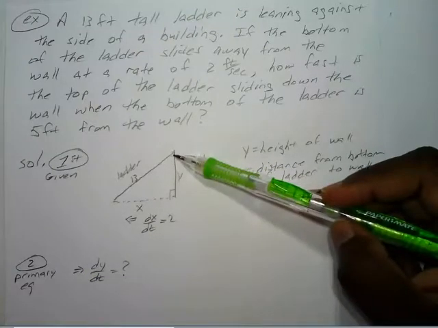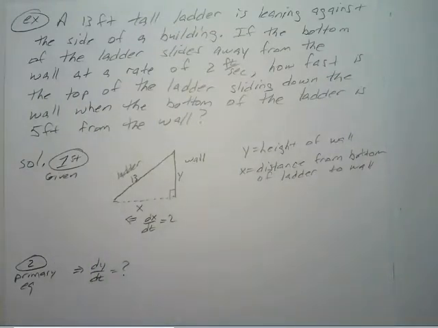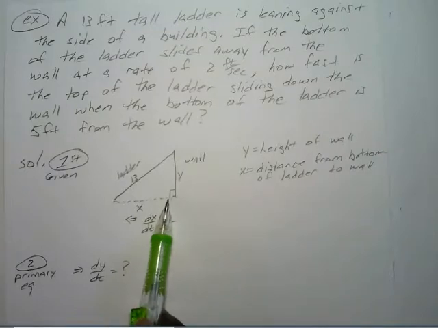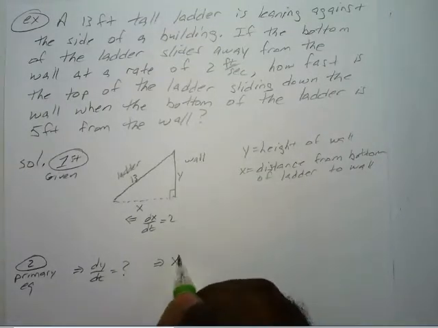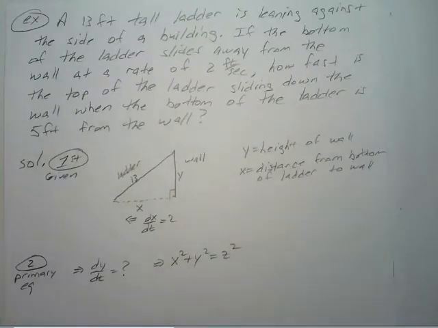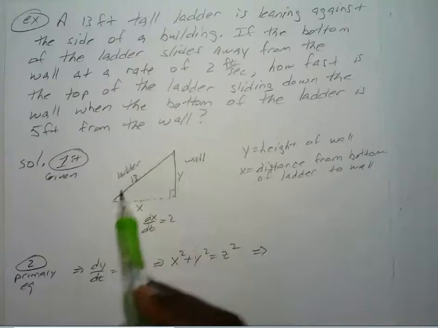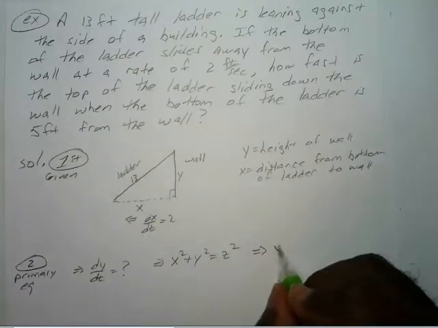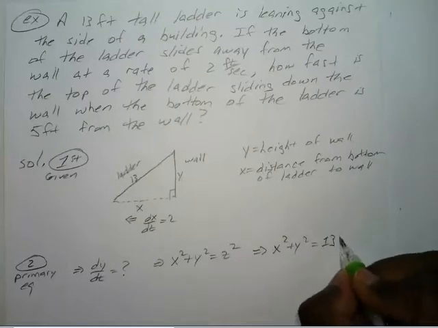So how fast is this sliding down the wall when this is sliding out at 2 feet per second? Since this is a right triangle, our primary equation is x squared plus y squared equals z squared. Or, since we know that our hypotenuse is 13, x squared plus y squared equals 13 squared.